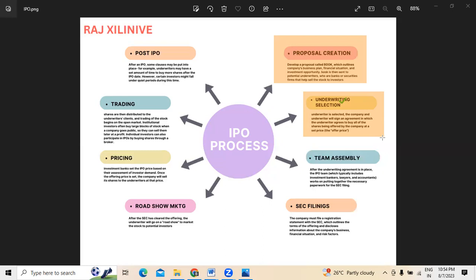After the underwriting agreement is done, the IPO team consists of investment banking firms, legal consultants or lawyers, whatever you can say, legal consultants and accounting people.